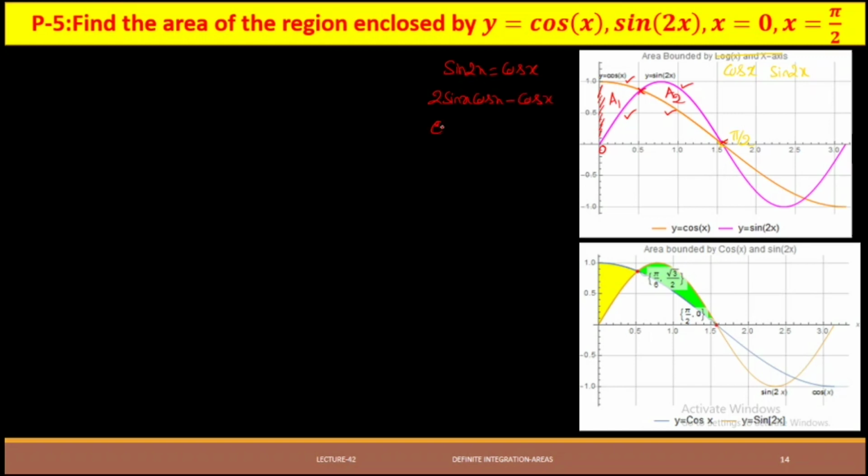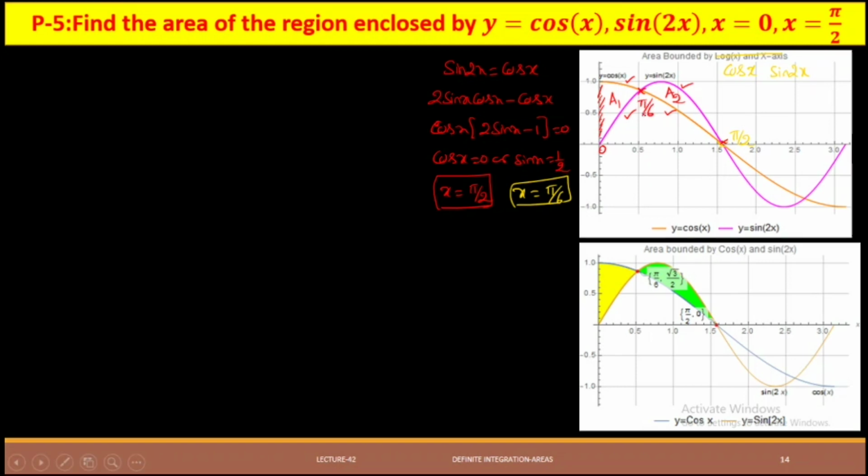If I take cos x common, this becomes cos x times (2 sin x minus 1) equal to 0. So the solution is cos x equal to 0 or sin x equal to 1 by 2. Cos x equal to 0 implies x equal to pi by 2, and sin x equal to 1 by 2 implies x equal to pi by 6. So the point of intersection here is pi by 6.